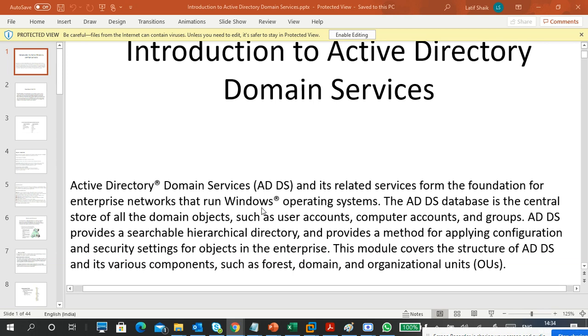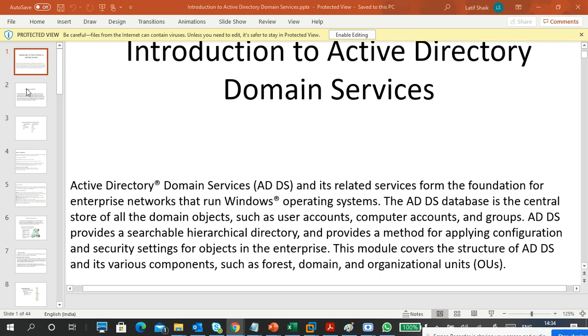So to control all the Windows machines using a centralized server, the Active Directory concept came up. It forms the foundation of an enterprise network running the Windows operating system. The central store of all domain objects such as user accounts, computer accounts, and groups is there.